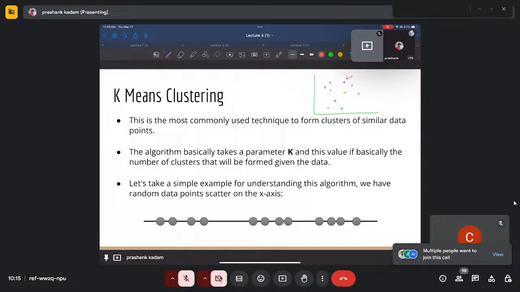Whatever new data point is coming in, you simply take the top k nearest neighbors to that point. So let's say my k is 5. The top 5 nearest neighbors are these.